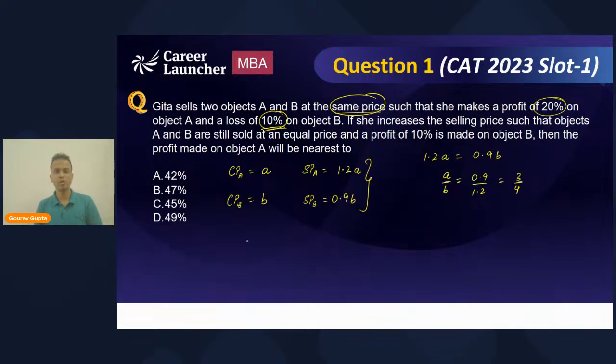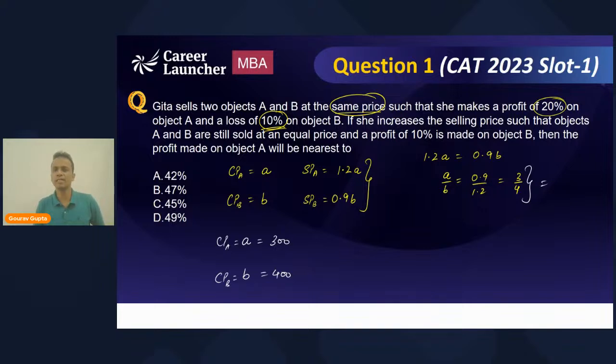All right. So now I'll assume the values of A and B as 300 and 400 respectively because I already have the ratio of A and B, right? So the cost price of A is assumed as 300 and the cost price of B is assumed as 400, right? Now after doing this, there is nothing left in this question.